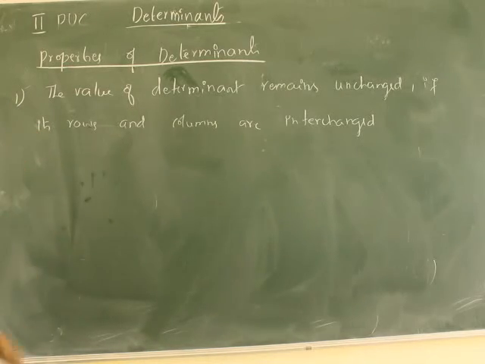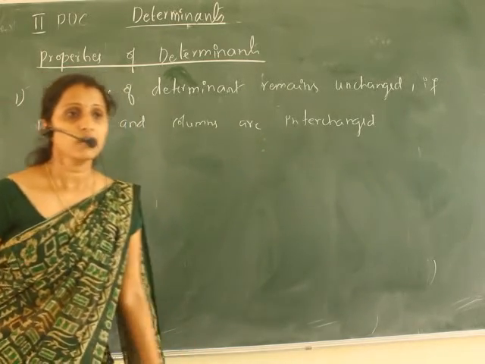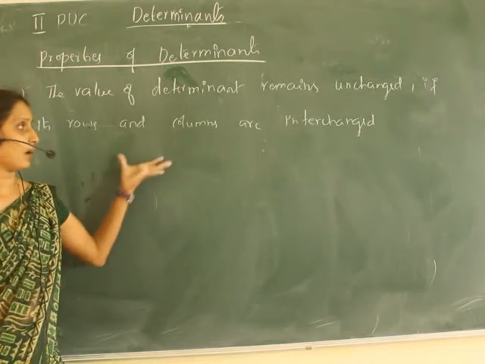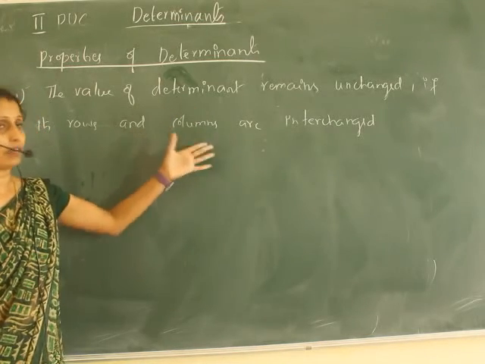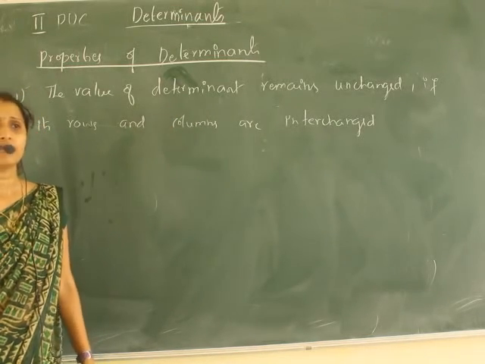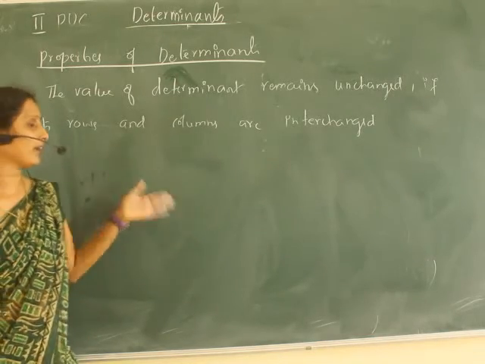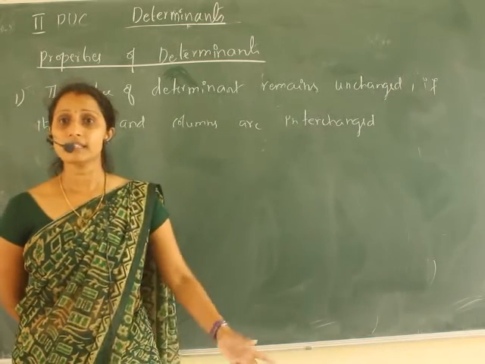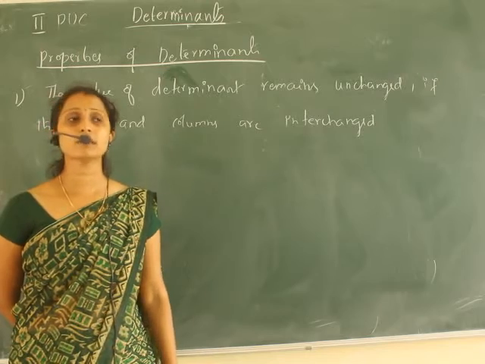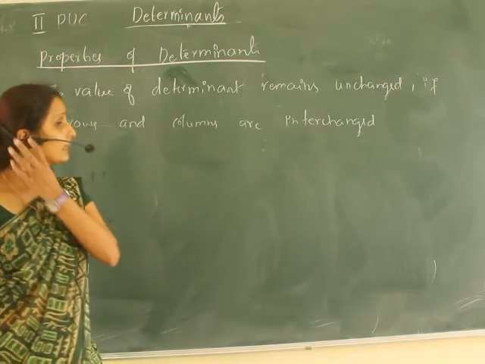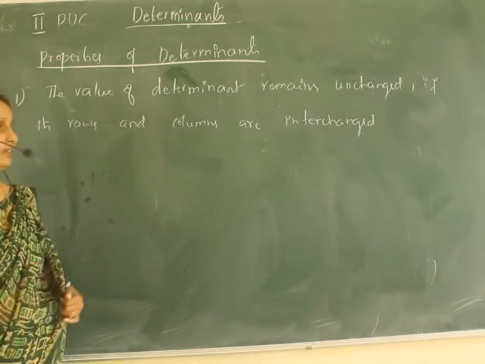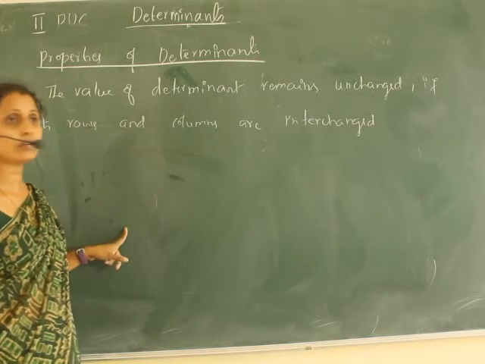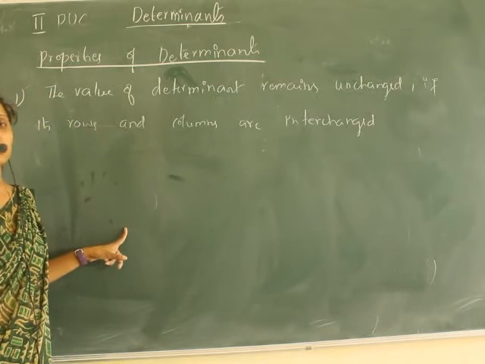Usually we won't use this property everywhere, because if we find the determinant, instead of interchanging the rows and columns, we can find the determinant along C1. Instead of calculating along R1, we can calculate along C1 also.